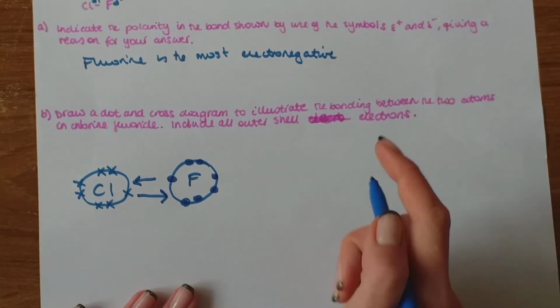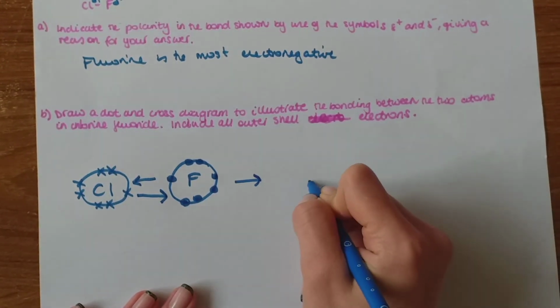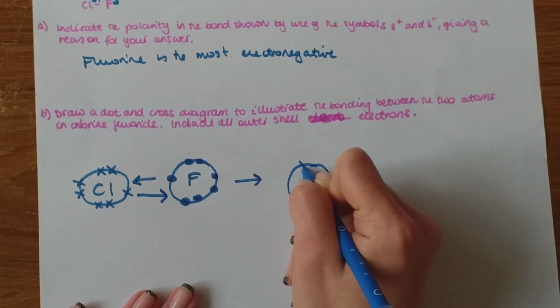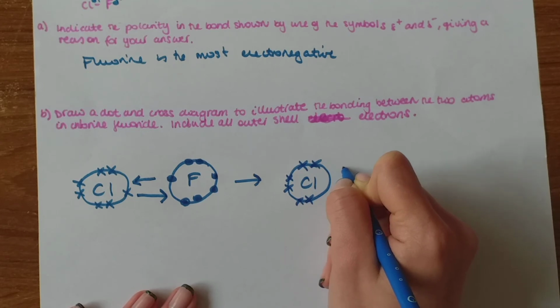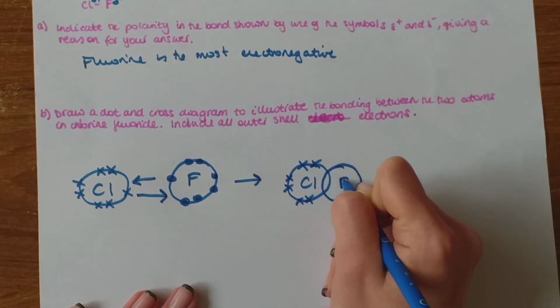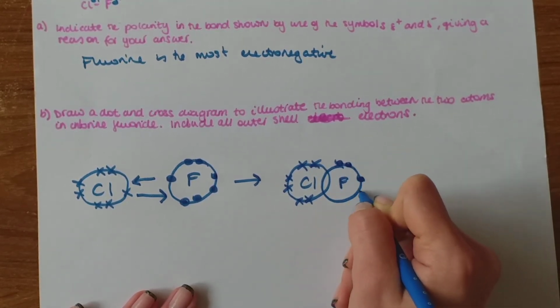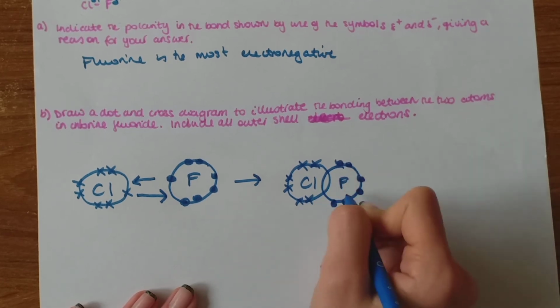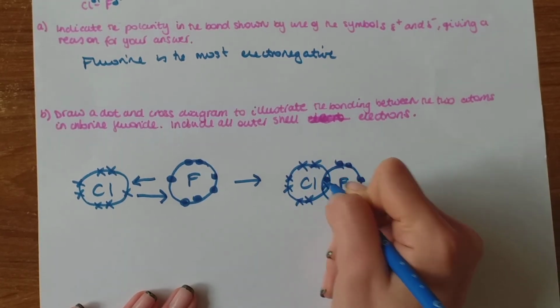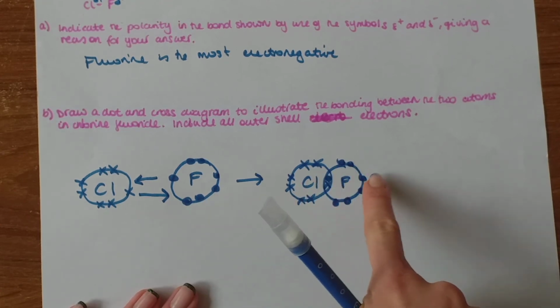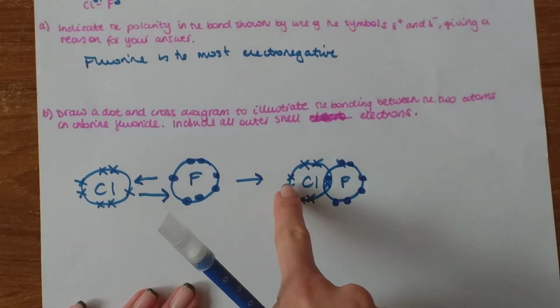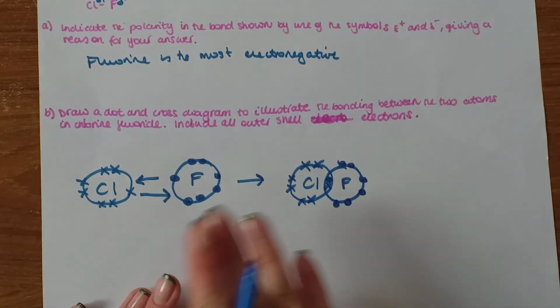So they're sharing that 1 electron between each other. And this is how you draw this. So you draw both atoms, and in the middle they're going to have 1 electron from fluorine, 1 electron from chlorine. 2, 4, 6, 8, 2, 4, 6, 8. Both are happy, both are stable.